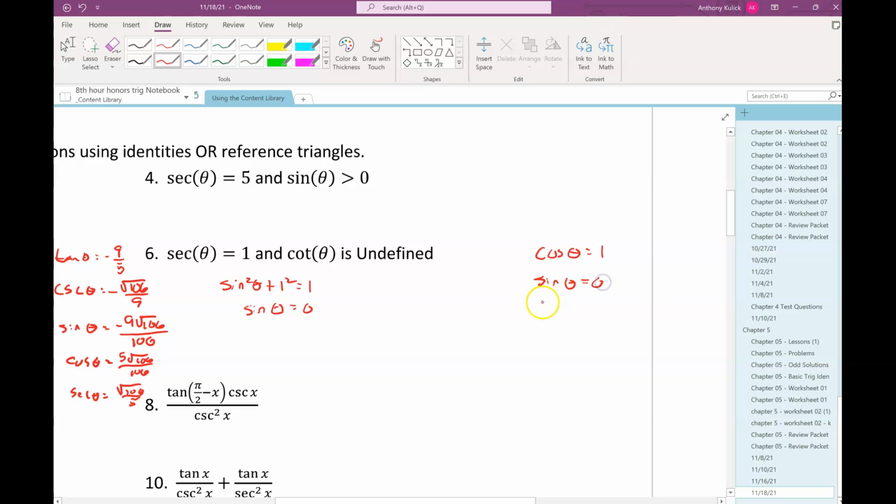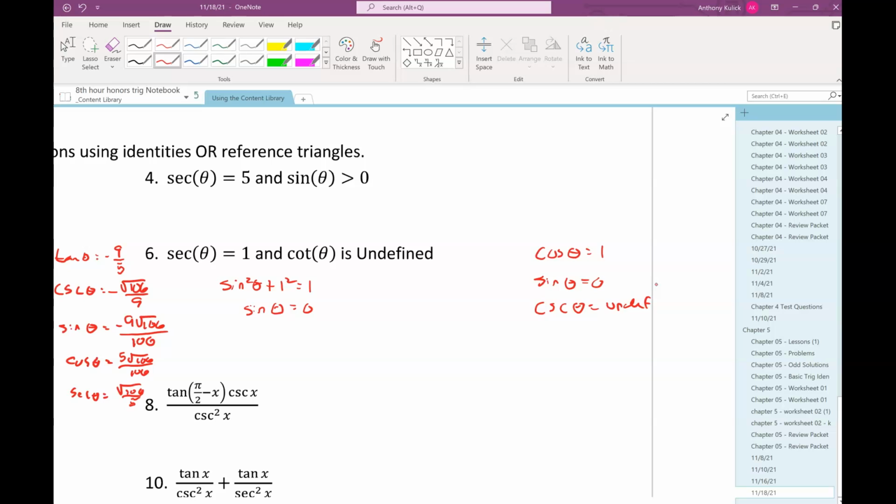From that, I get immediately cosecant because they're reciprocals. The reciprocal of 0 is 1 over 0, which is undefined. And that's my insight that I needed to figure out what to do with cotangent. So notice that sine is 0 and its reciprocal is undefined.